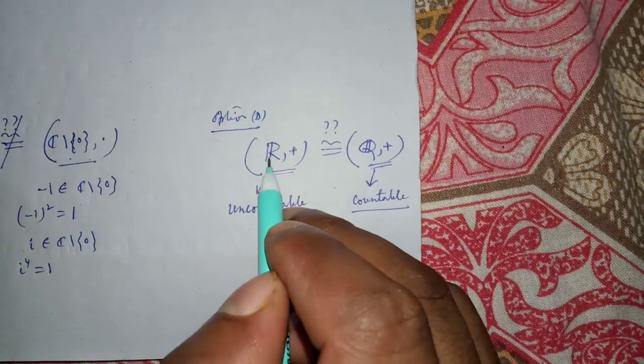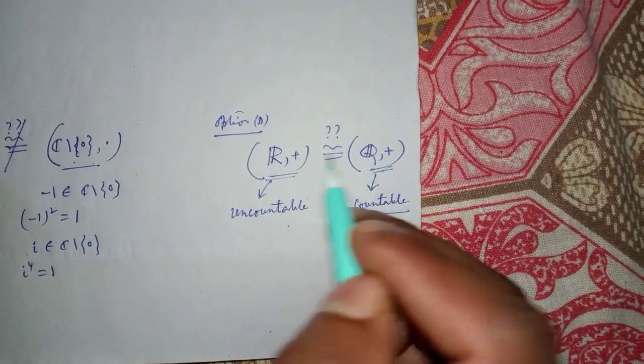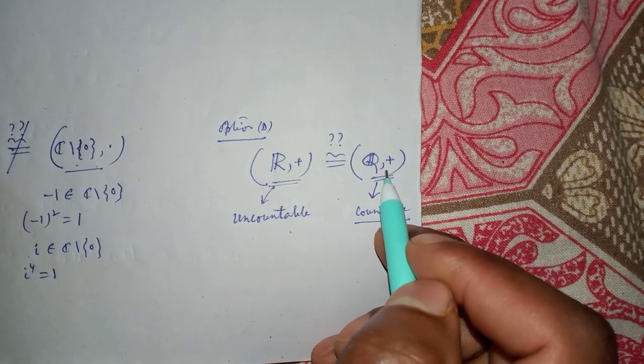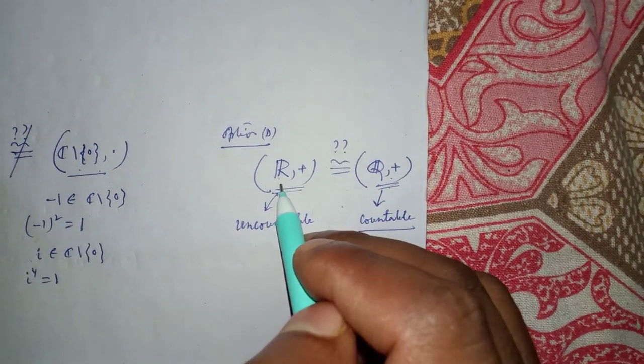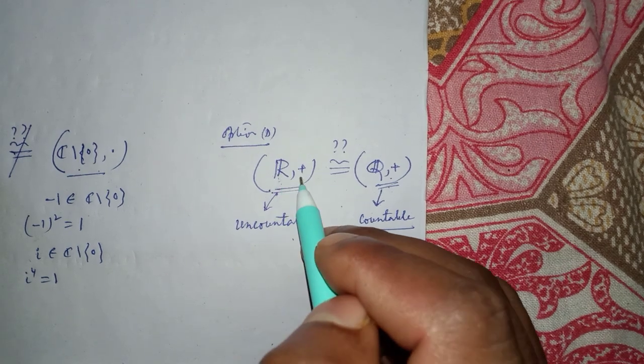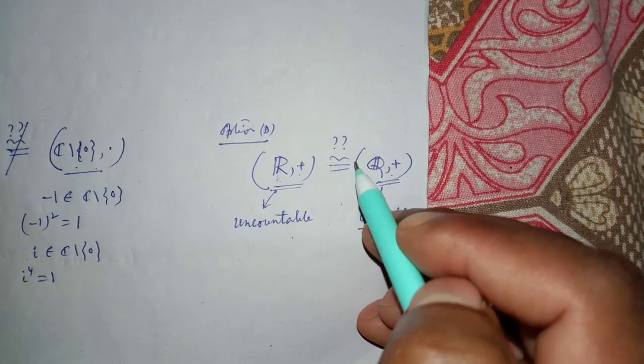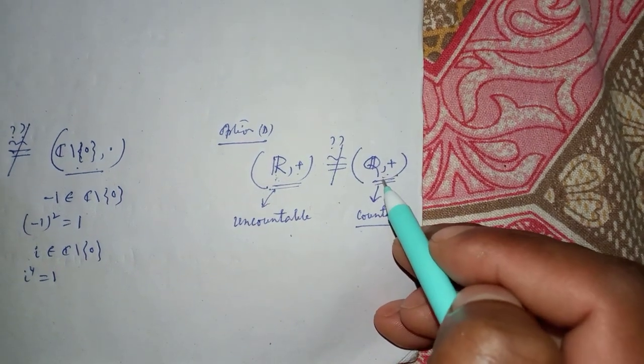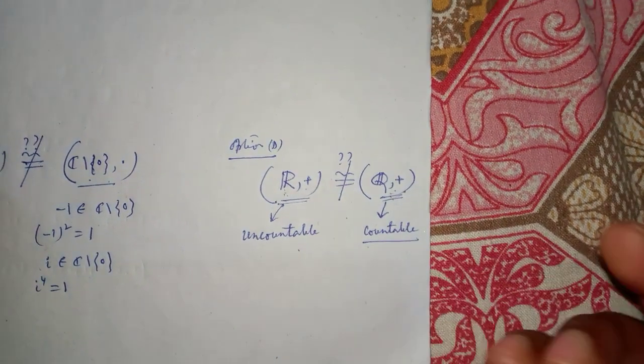So there does not exist any bijective mapping from R to Q. Therefore, the additive group of real numbers is not isomorphic to the additive group of rational numbers. So option D is also false.